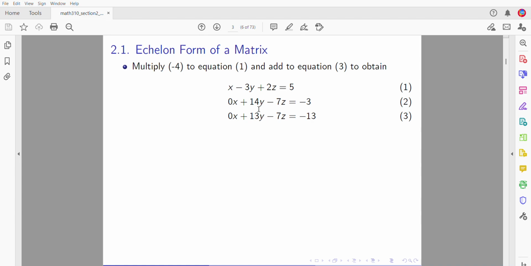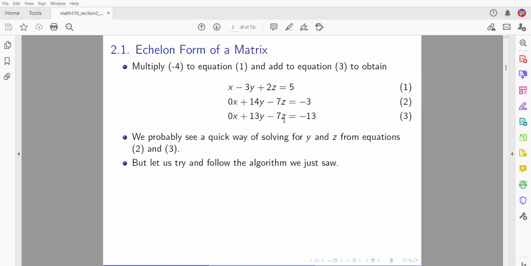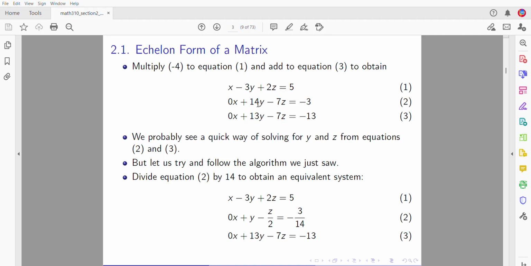So second and third equations are in terms of y alone. My goal is to get a 1 here. We probably see a quick way of solving this. You can eliminate z, but to keep the algorithm, follow the algorithm as we just saw: divide the second equation by 14, you get a 1, a negative half, a negative 3 over 14.